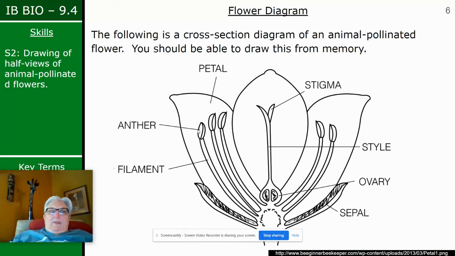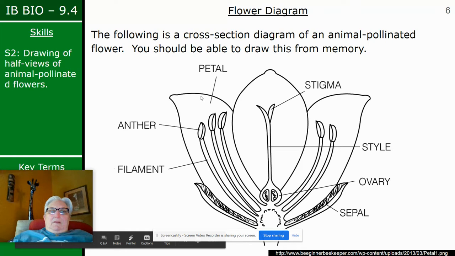And at the end of the stamen, you have what's called the anther, and there's pollen, tiny particles of pollen on the ends here. That's the filament.